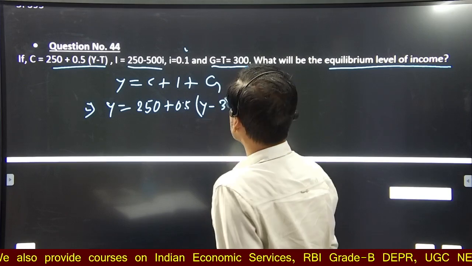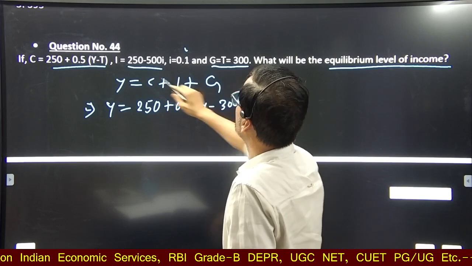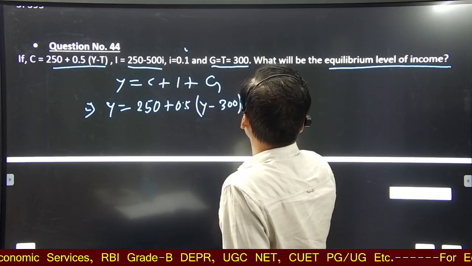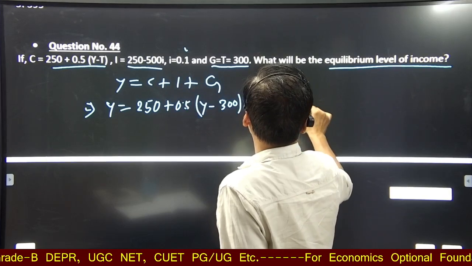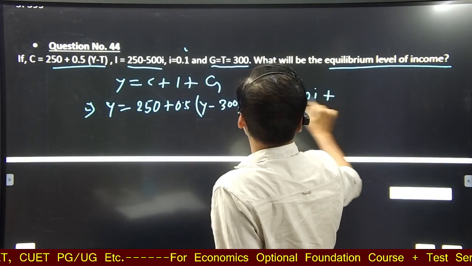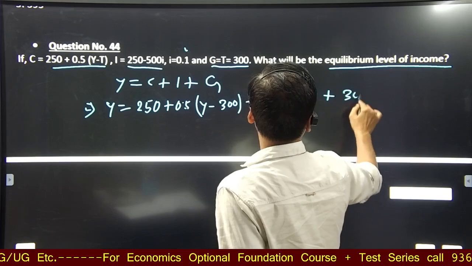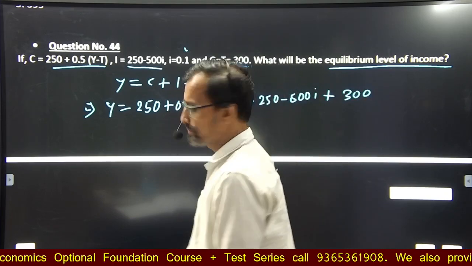And next, investment is also given: 250 minus 500 I. Plus the government expenditure, which is also given here, 300. Now we can solve these equations.